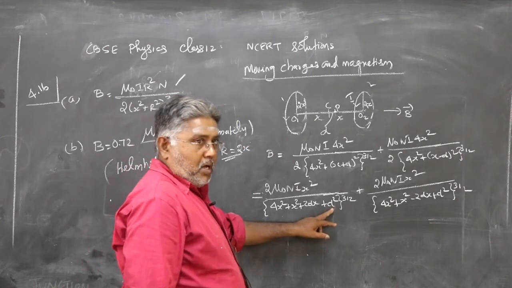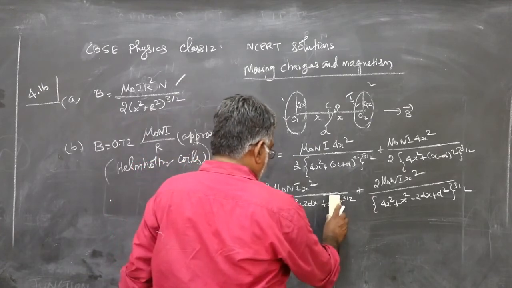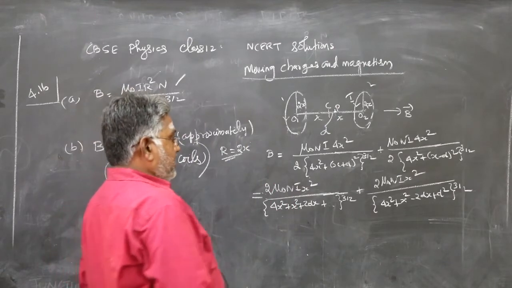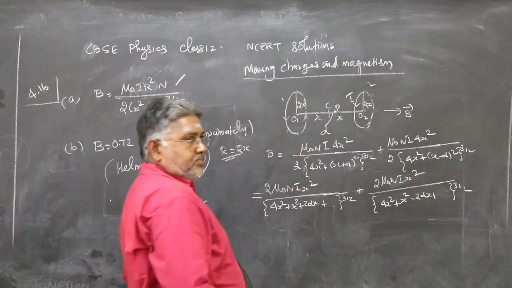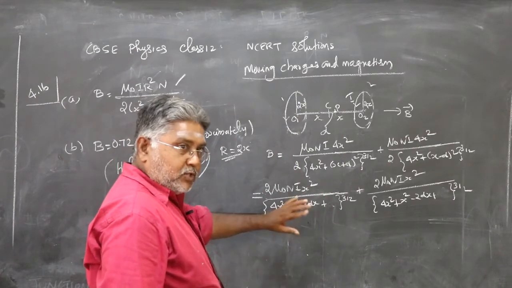d is very small, d square can be neglected. Similarly here also d square can be neglected. 4x square plus x square write as 5x square.